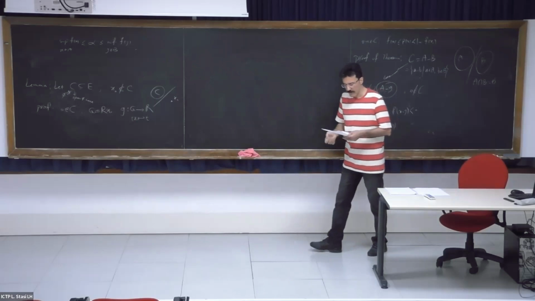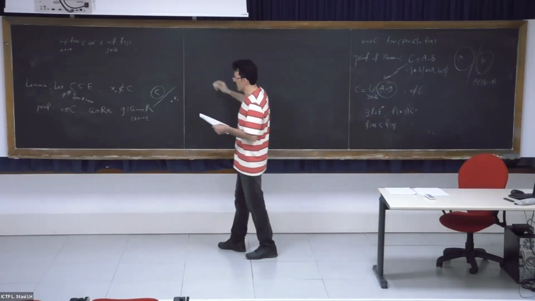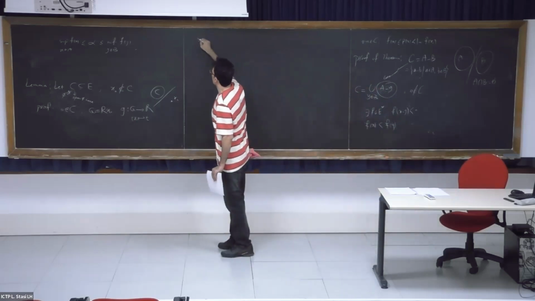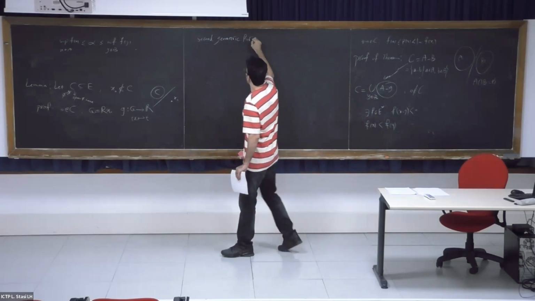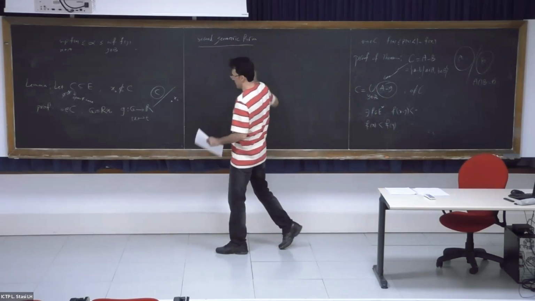And how about the second geometric form of the Hahn-Banach theorem?